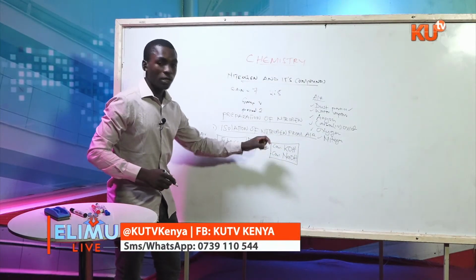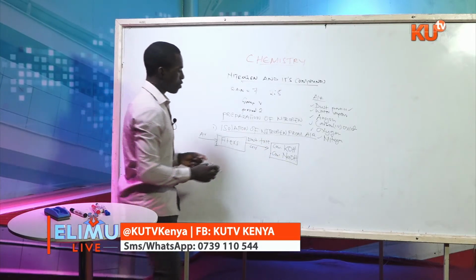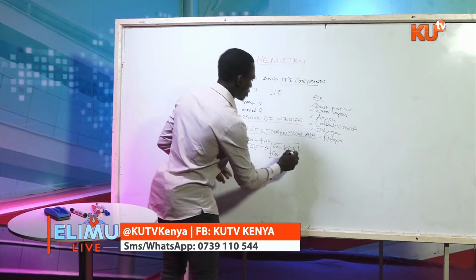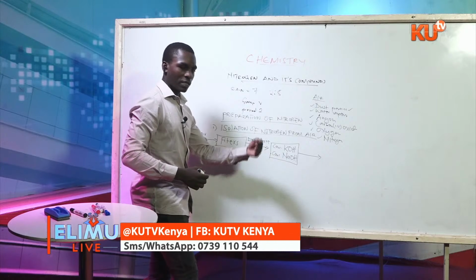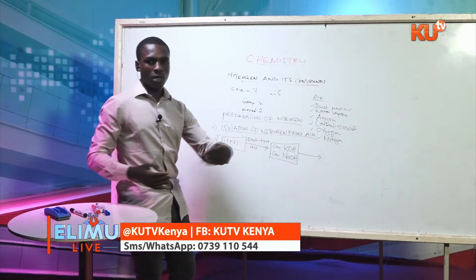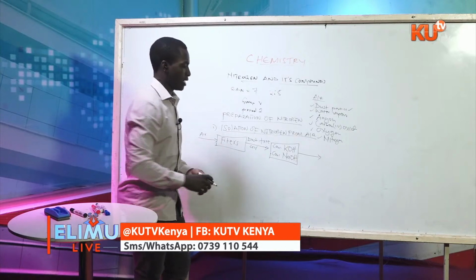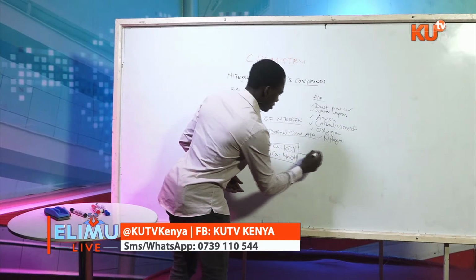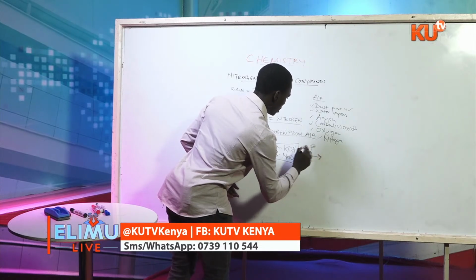So by passing this air into these concentrated solutions, either potassium hydroxide or sodium hydroxide, we eliminate carbon dioxide. So carbon dioxide will react with the potassium hydroxide to form potassium carbonate, which will be pulled out as solid because carbonates are insoluble.